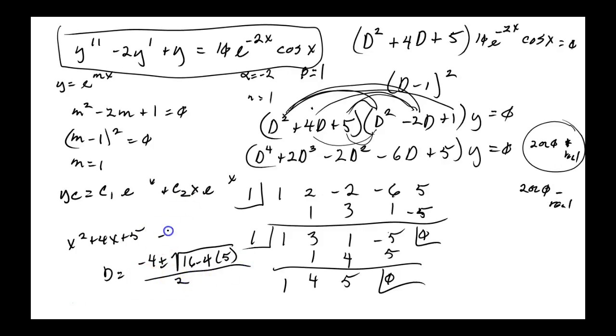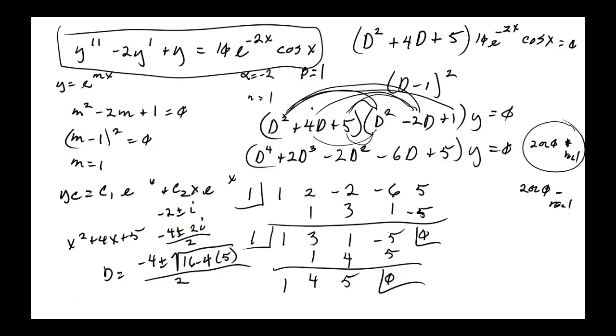So this will be minus 4 plus or minus 16 minus 20 is a minus 4. So that would be 2i over 2. So this will be minus 2 plus or minus i.